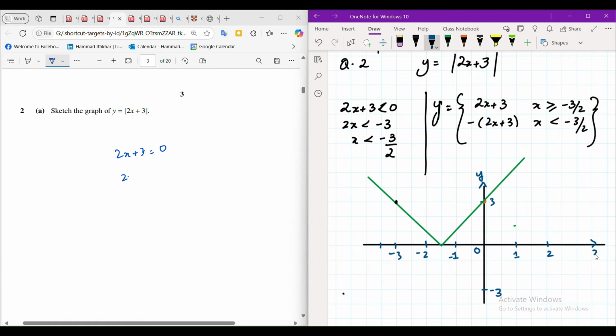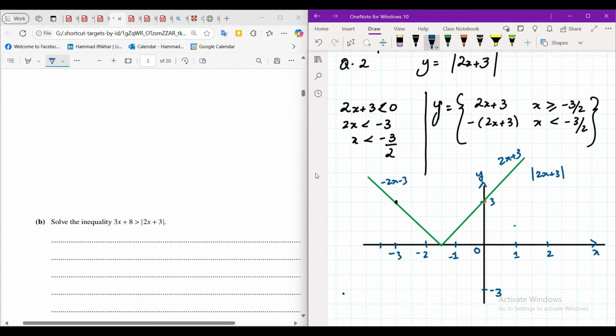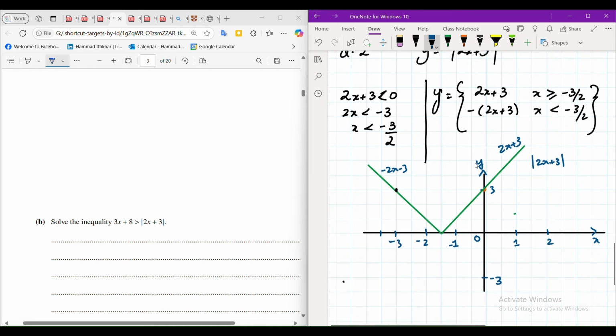Y against x, and this is the mod of 2x plus 3. But for your convenience, this is 2x plus 3, and this is minus 2x minus 3. Now, solve the inequality: mod of 3x plus 8 greater than mod of 2x plus 3.